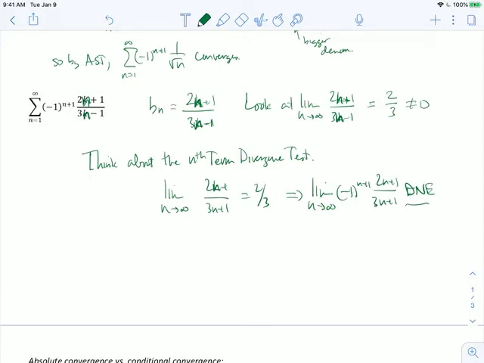In this case, as n gets bigger and bigger, my terms are oscillating back and forth between negative 2/3 and positive 2/3. The limit doesn't exist. And so by the nth term divergence test, the series diverges.